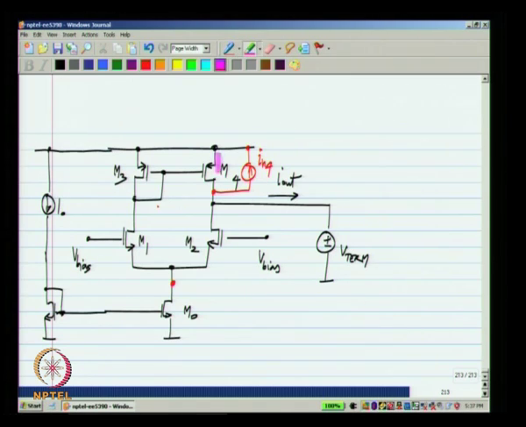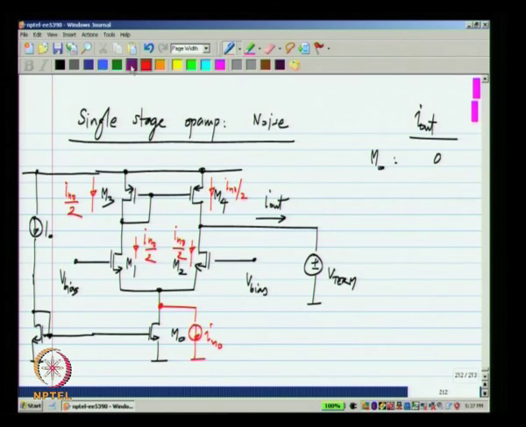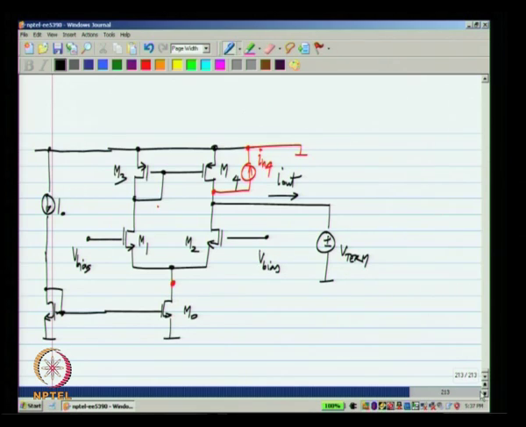This represents the noise due to M4, and in small signal this is grounded, and this point is also at 0 because of this constant voltage source. So, all of this current source simply goes into I out. Okay. So, the effect of noise current due to M4, let me tabulate all the transistors here, will be that all of IN4 appears at I out. With the polarity I have chosen, it happens to be minus IN4.